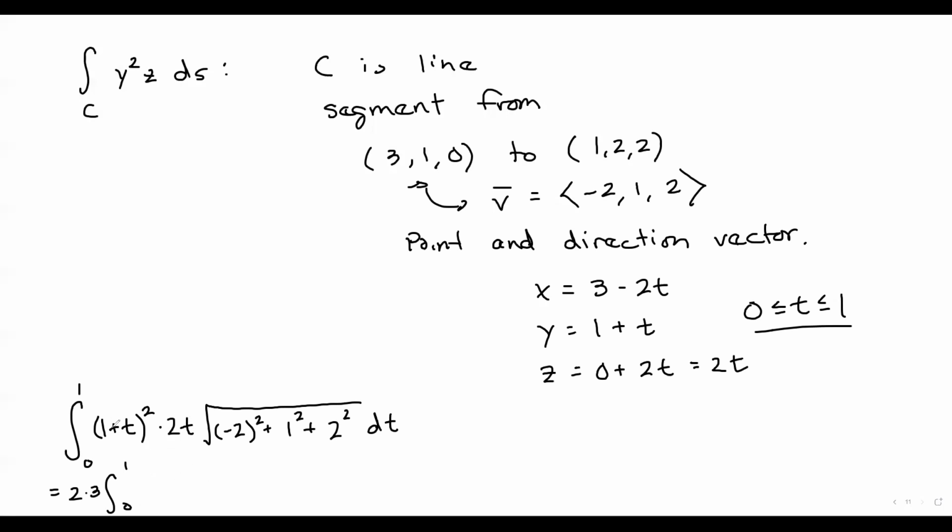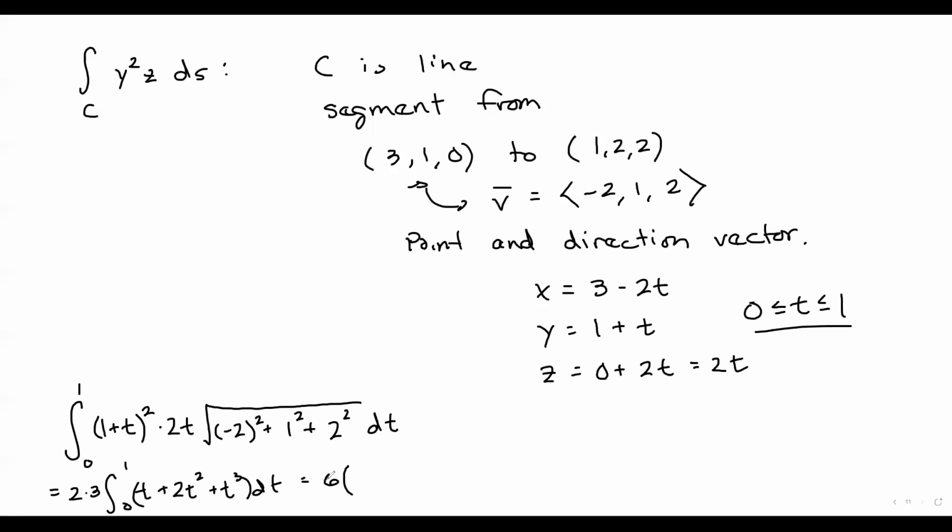And then you're going to have 1 plus t squared times t. So 1 times t is t. And then 2t for the middle term times a t, so we're going to have 2t squared. And finally, t squared times another t, so we're going to have t cubed, dt. And so this is going to be 6.